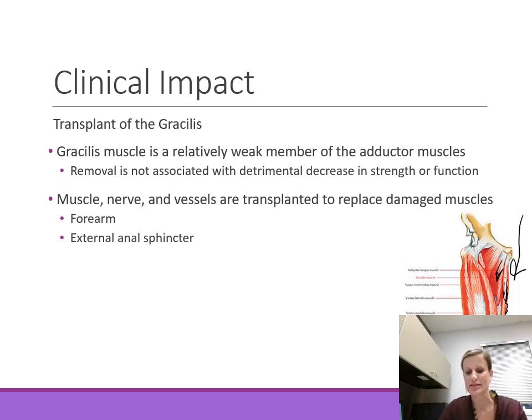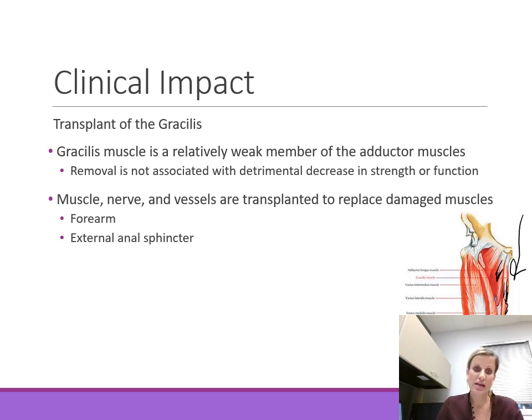The gracilis is, again, a relatively weak one of these muscles, and removal of the gracilis is not associated with a decrease in strength or function that's anything that actually matters, right, or affects function. So the gracilis can be removed without hurting the person's quality of life.